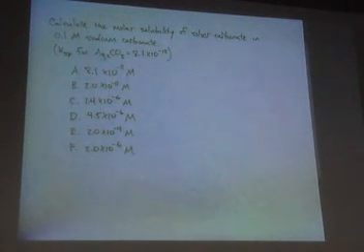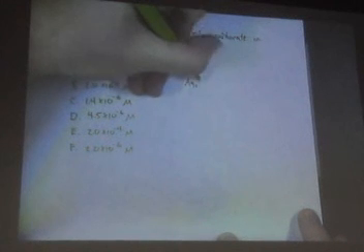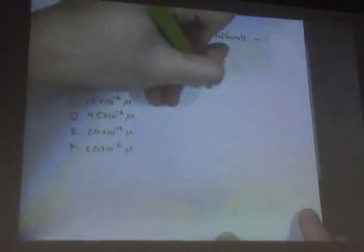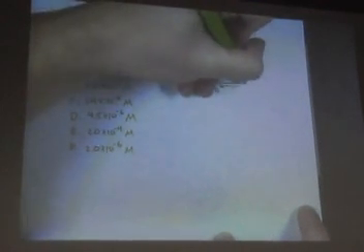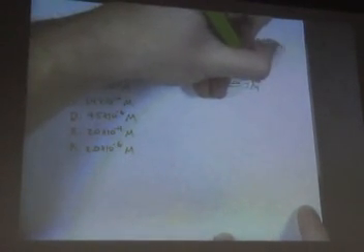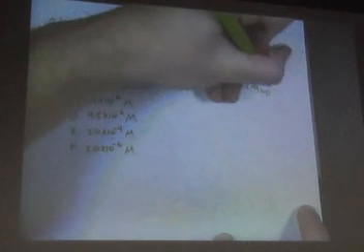Okay, so we'll start by writing down the equilibrium equation. Ag2CO3 solid dissociates into 2Ag plus and CO3 2 minus.